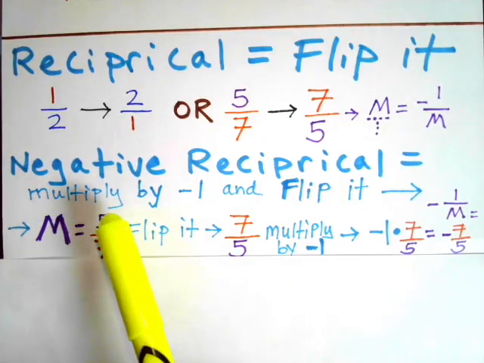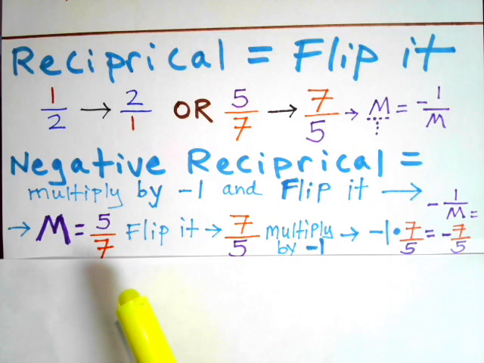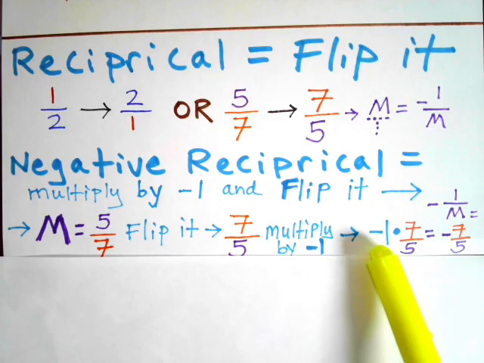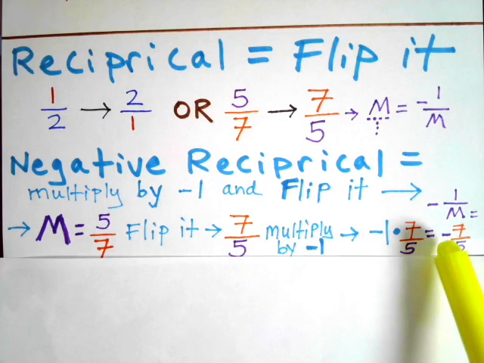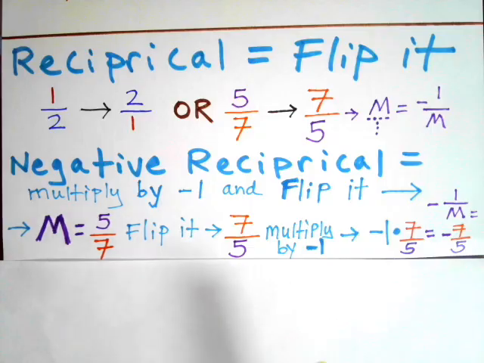M being your slope equals 5/7. So if you want to find a negative reciprocal, you're going to take that 5/7, flip it, multiply by a negative 1. Negative 1 times a positive 7 is a negative 7/5. That's an example of a negative reciprocal value.